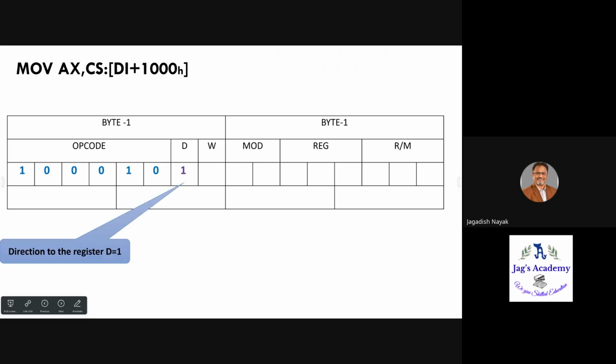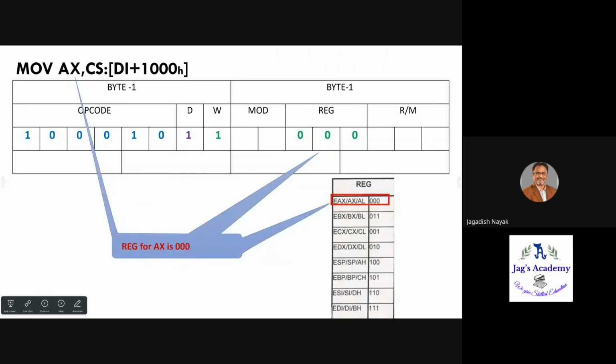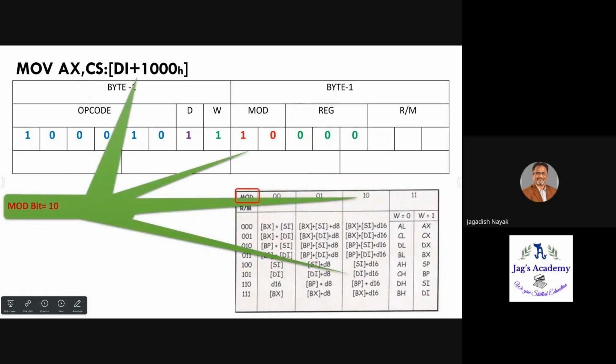D bit 1, direction to the register. W bit is going to be 1. Then REG, because it's the AX register, is going to be 000. Now what are the mode bits and R by M bits? Look at the table. It is actually DI plus D16. This is a 16-bit value, right? You refer to the place where you have DI plus D16. This is your D16, the 16-bit value.